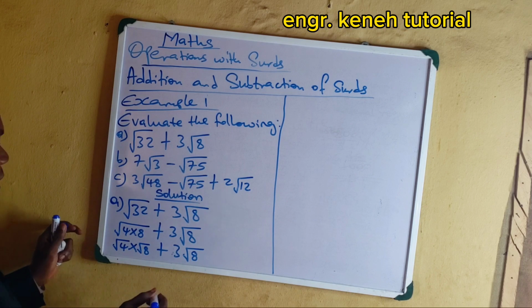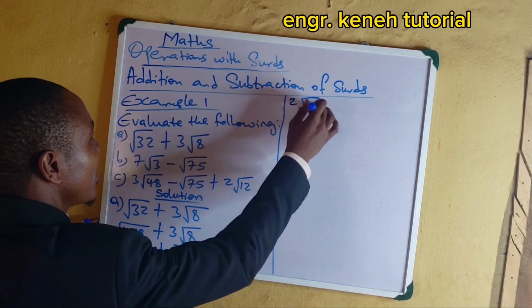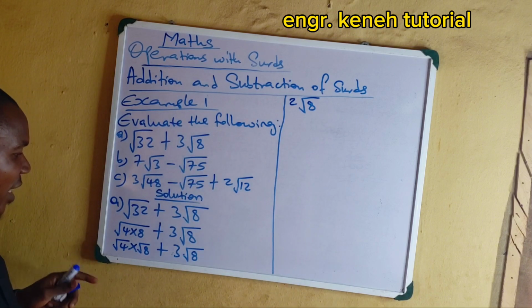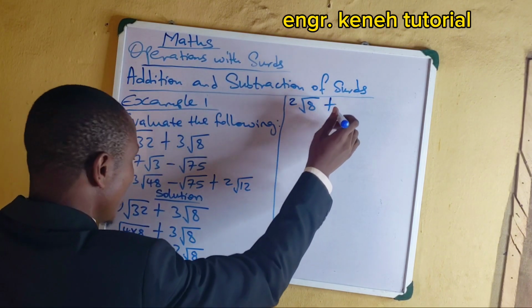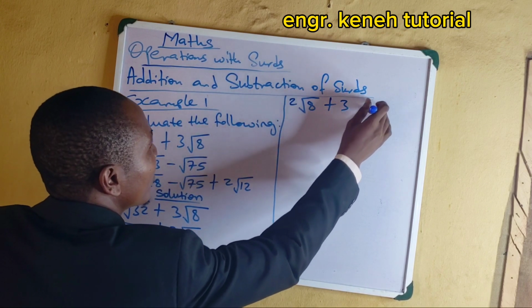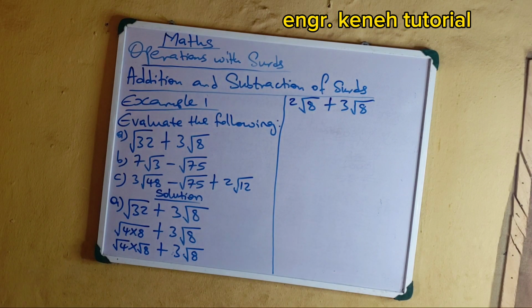So this will now give us 2 root 8. I want it to be similar to this. So can you see that these two are now similar surds?